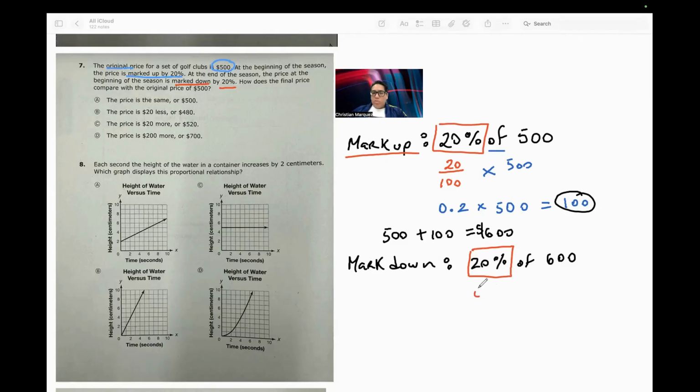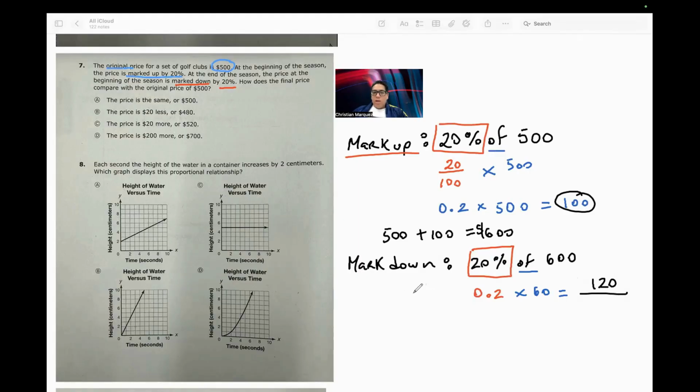20% is equal to 0.2. The word of again is represented by multiplication, and 600 is just 600. Multiply these two numbers, and you're going to get the number 120. Okay, $120.